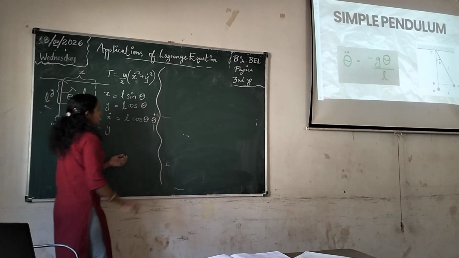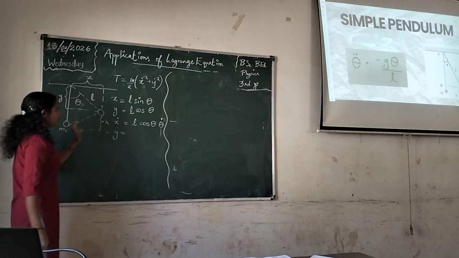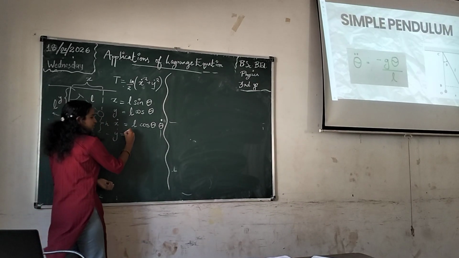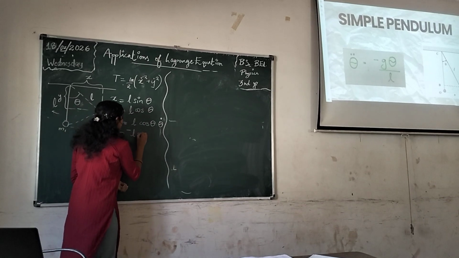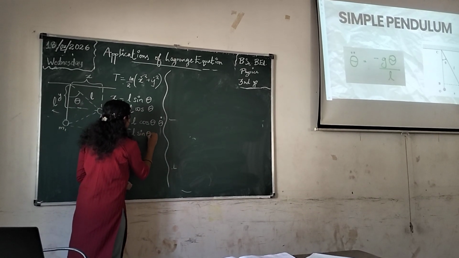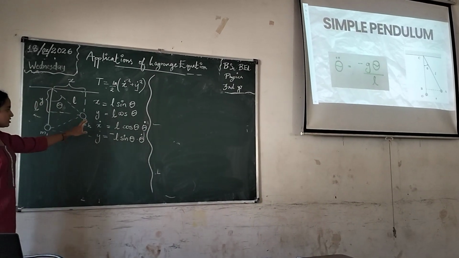Then in the same way for y, minus L sin theta theta dot. So we got x dot and y dot. We have to find the square of it.